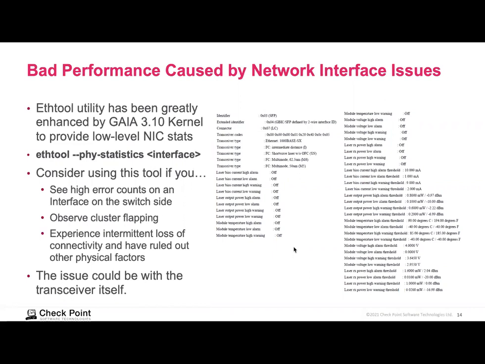You could consider looking at this if we're going all the way back to looking at the switch interface and seeing high error counts, or you're observing odd cluster flapping or even intermittent loss of connectivity, and other factors have been ruled out. The issues could be with the transceivers or the interfaces themselves.